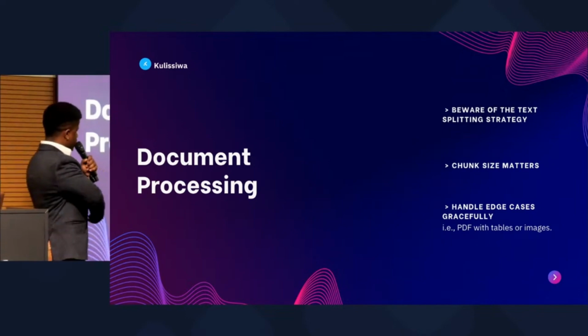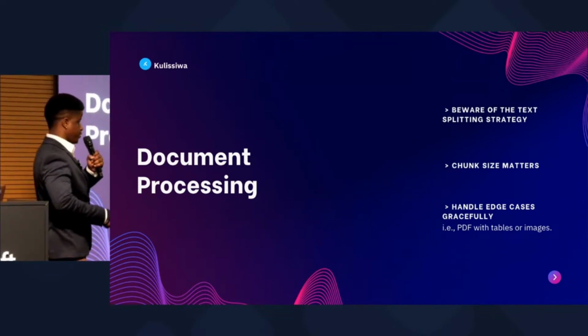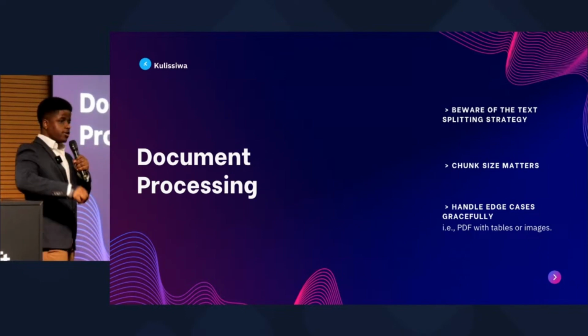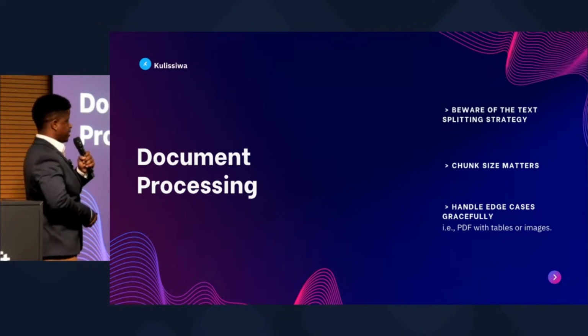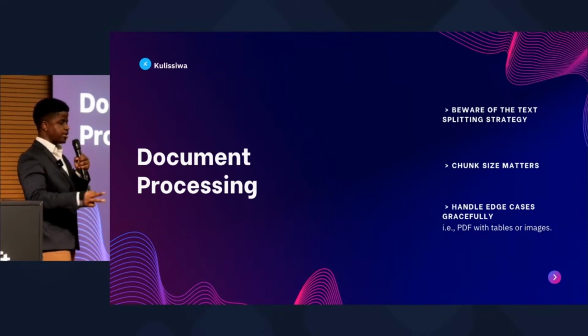So you have document processing. That's the first thing you're doing when you're creating your RAG. And there are three top things that I think you should think about. There are more, but these are the top three. First, beware of your splitting strategy, as we were speaking. If you just naively split your documents, you're going to get really bad chunks, and when you run retrieval on those, it's not going to work.